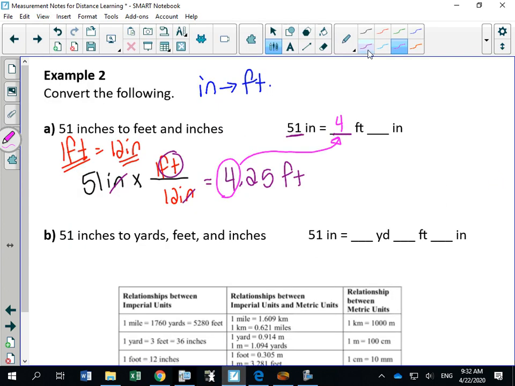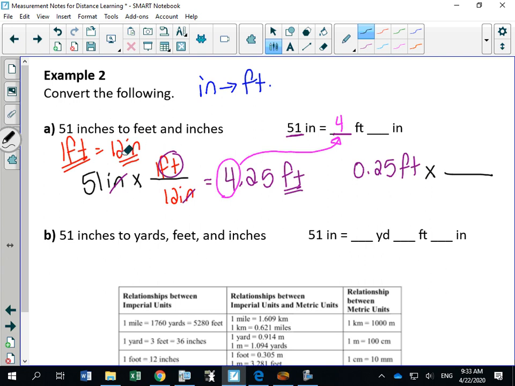So write down that 0.25. And that was feet, right? The decimal was in feet. Now we have to convert that decimal, which is in feet, to inches. So I'm going to say times, and I'm going to do my unit analysis. If I want inches, I go back to my conversion, and inches now goes on top.